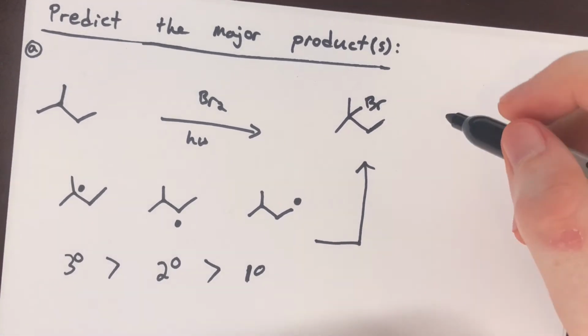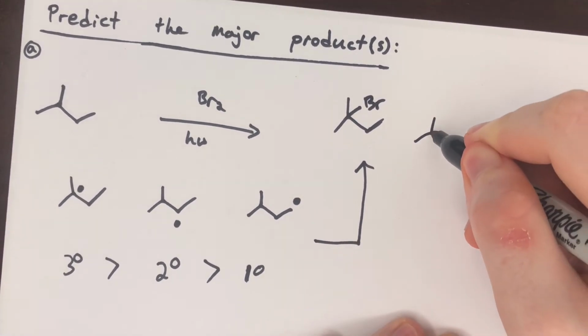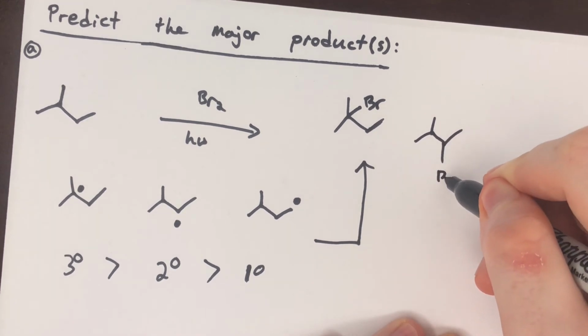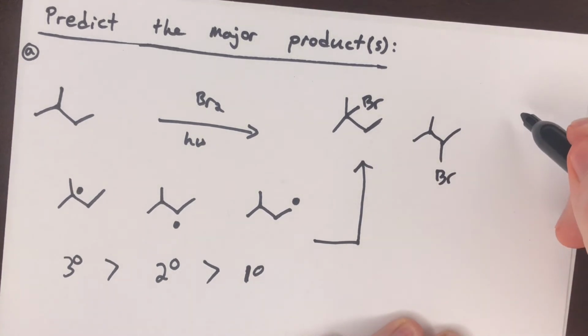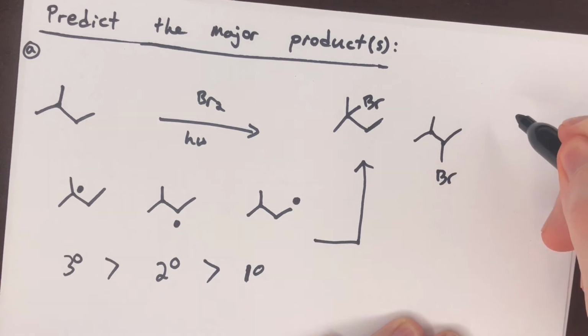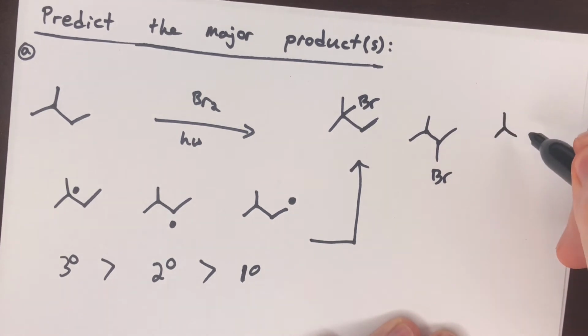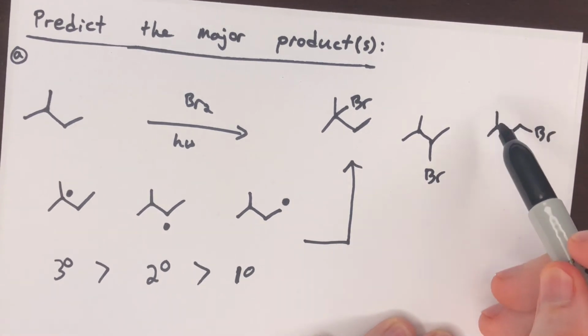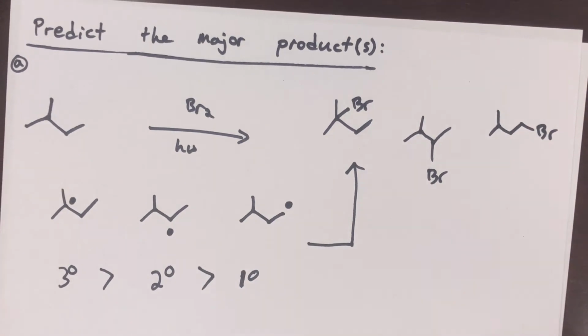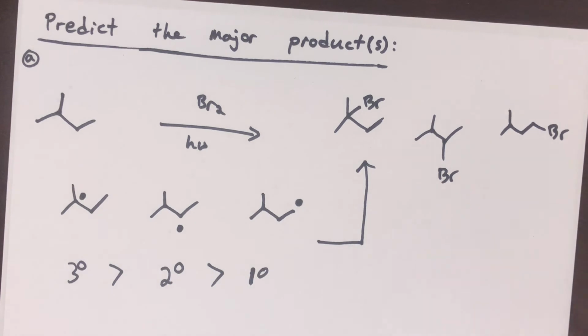You can also form a non-negligible amount of the secondary, and then there'll be traces of all of the primary products. So that would be if the bromine is at this position or at the other two methyl positions, which again, I'm not going to draw just to avoid the clutter.